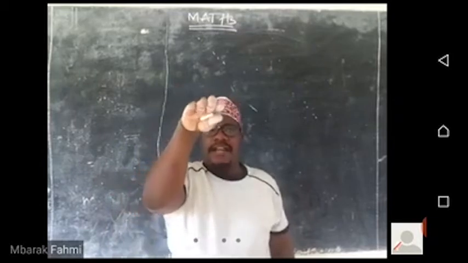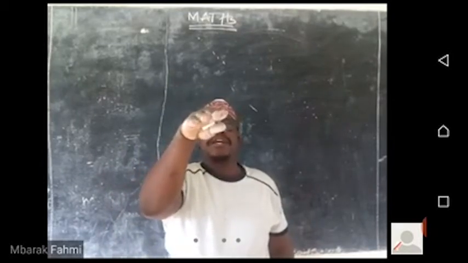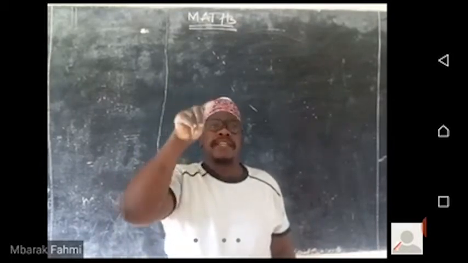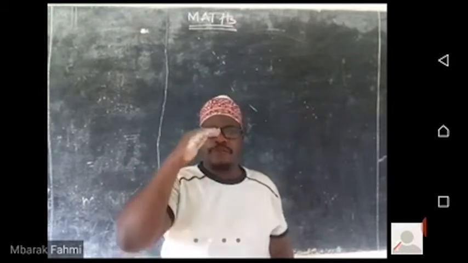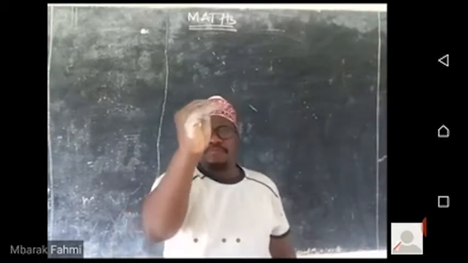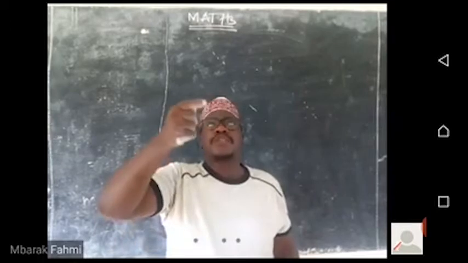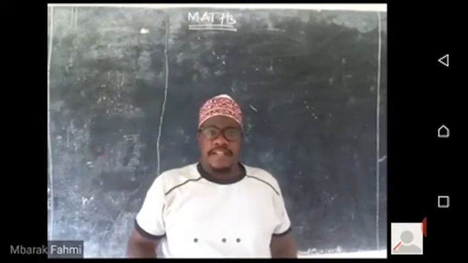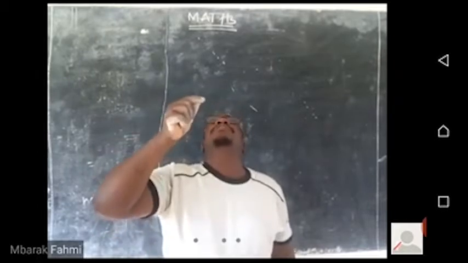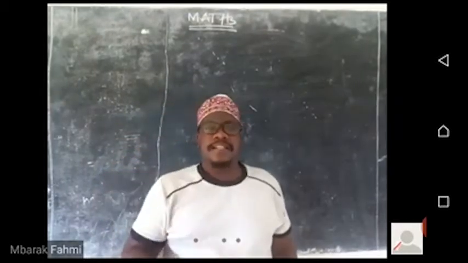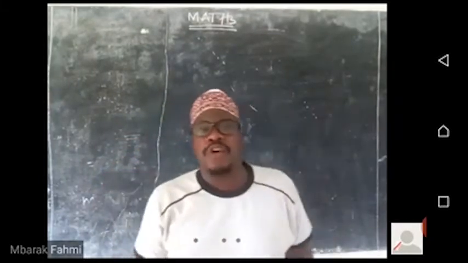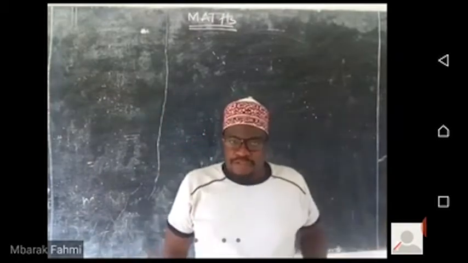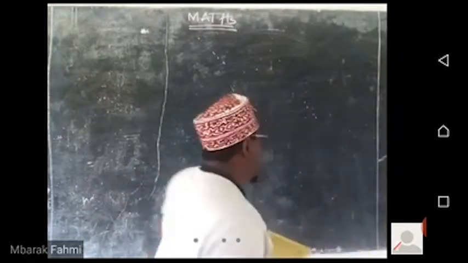From that line, when you tilt your head upwards, you make an angle from the original position of the eyes to that tilting. That angle is known as the angle of elevation.